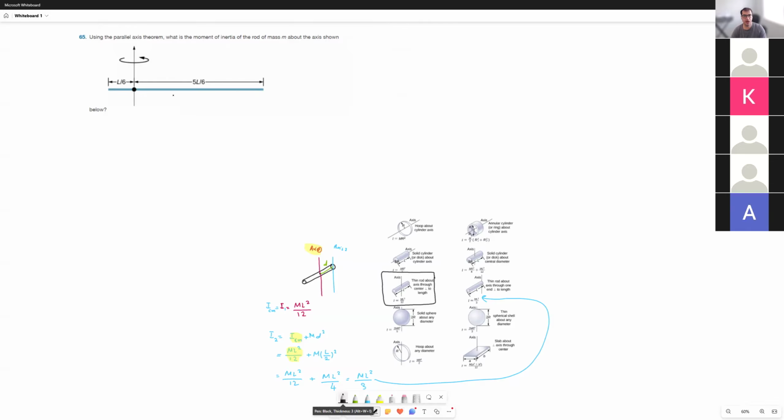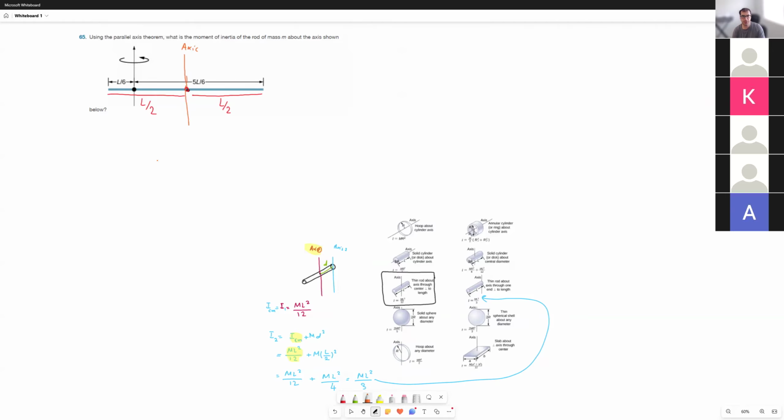This axis. This is the center, so that's going to be L over 2. This is going to be L over 2. And there is an axis passing through the center of mass. This is the axis passing through the center of mass.